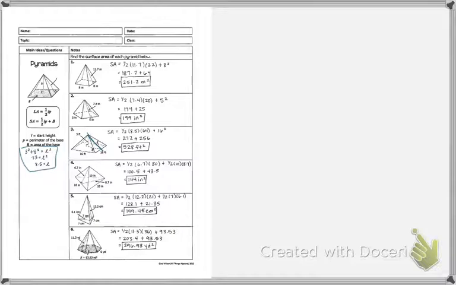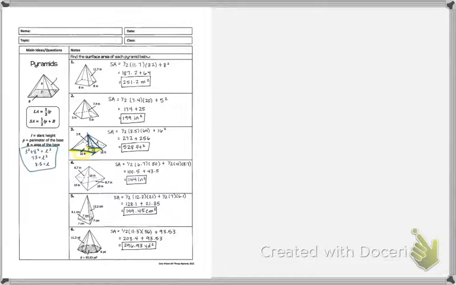Well, I know that from the center to that wall is half of 16, because the whole wall right here is 16, so halfway would be 8.